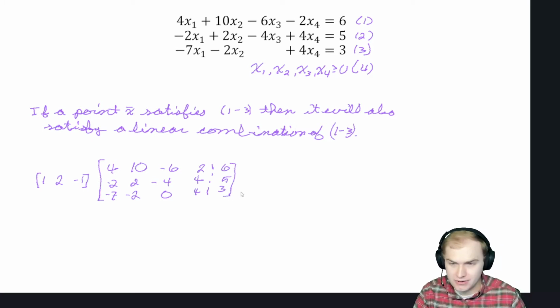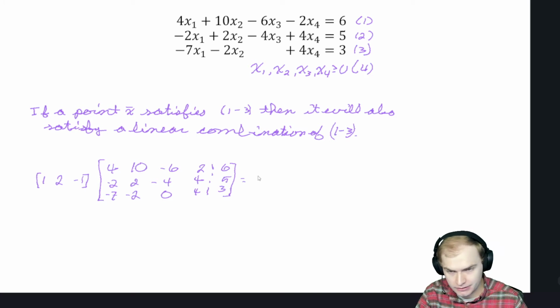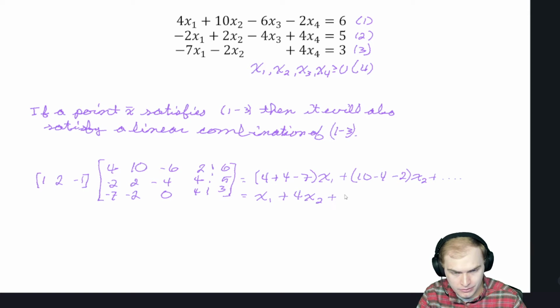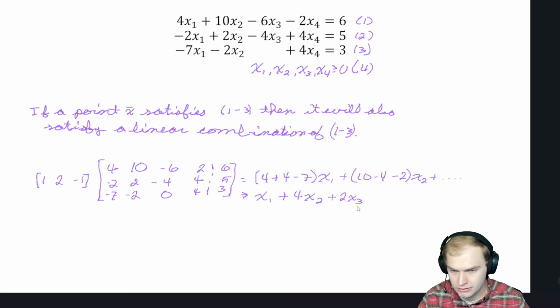We're going to multiply these two matrices together, and that's going to give us 4 plus 4 minus 7 x1 plus 10 minus 4 minus 2 x2, etc., which ultimately equals x1 plus 4x2 plus 2x3 equals -1.